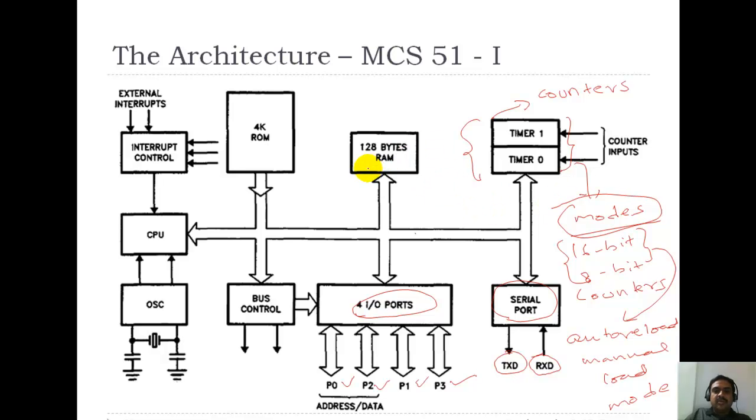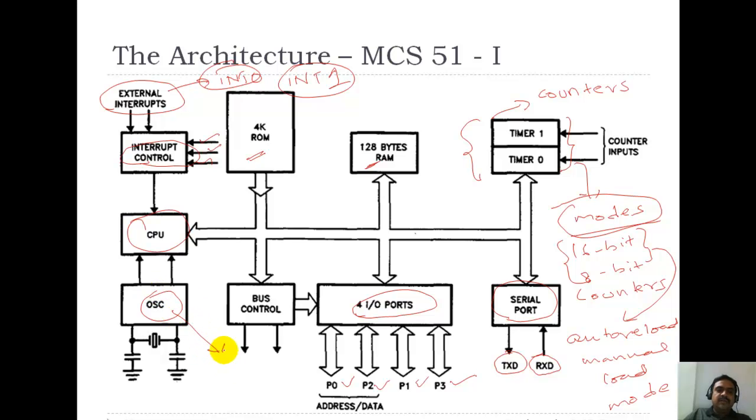So it has 128 bytes of RAM, 4K of ROM. It has an interrupt control module, with 3 internal interrupts and 2 external interrupts. The 2 external interrupts are INT0 and INT1. You have the actual CPU. This is the oscillator.